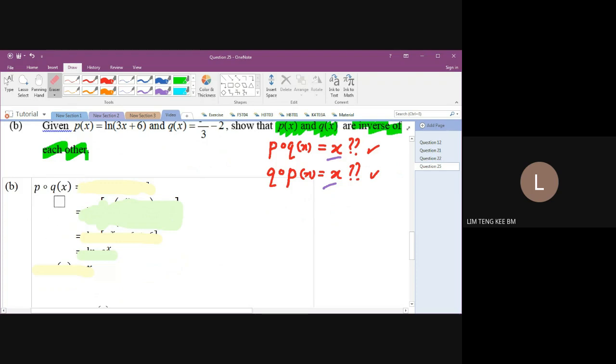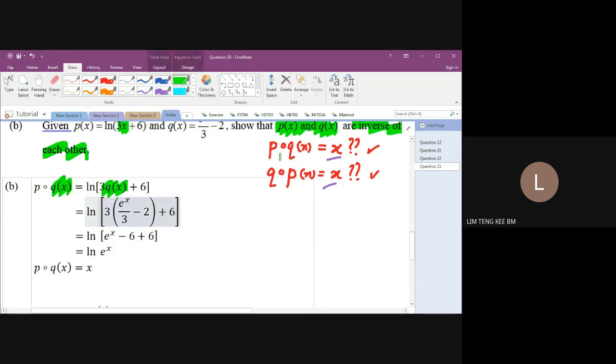The idea of composite PQ is that I substitute Q into the function of P. Then, after I substitute the Q function accordingly and simplify the terms, I will finally find that the composite PQ gives me the answer x. So we have succeeded in the first proof. This one works. But how about the other one?